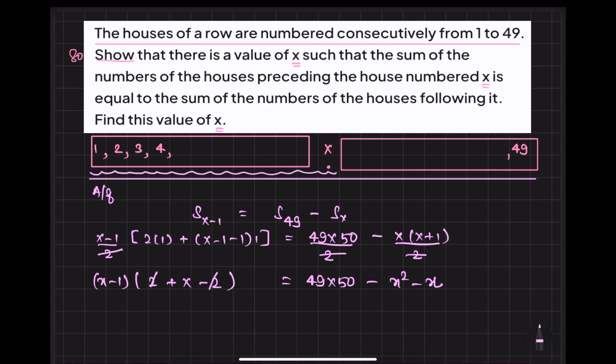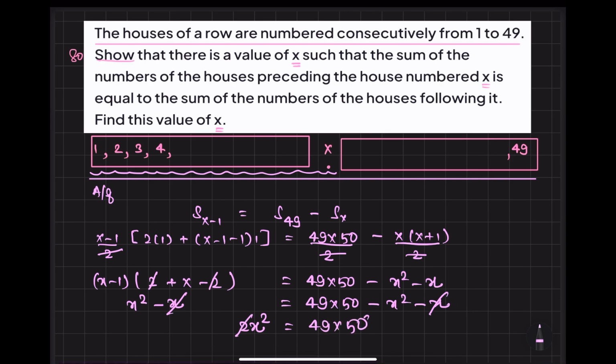So we get x square minus x equals 49 into 50 minus x square minus x. This minus x got neutralized. This x square will come to this side, so we will have 2x square is equal to 4950.